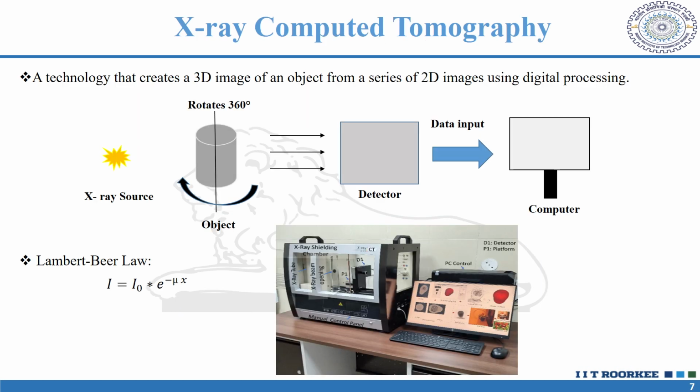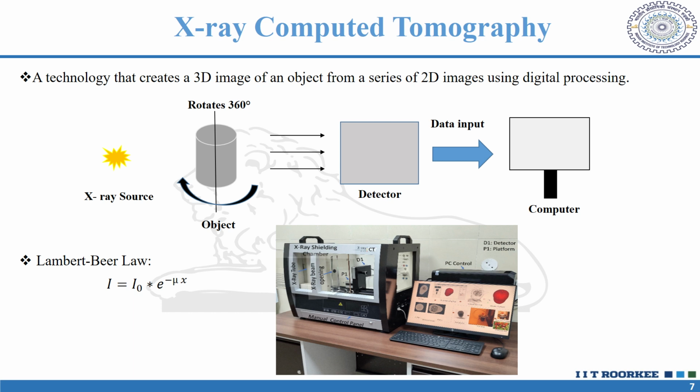And we all are familiar with X-ray computed tomography. It is a non-destructive technique to visualize the inside of a material in 3D. That is, we can look inside the material without cutting or destroying it with the help of X-ray computed tomography.